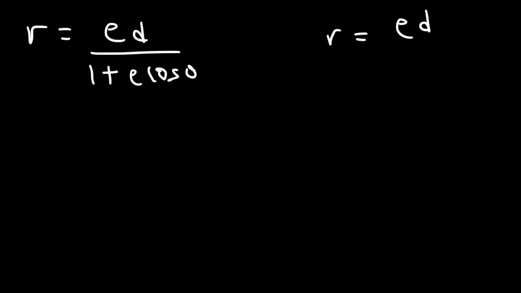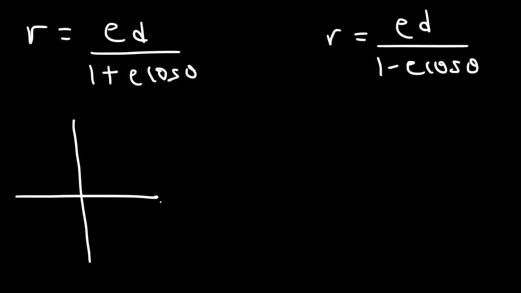Now the next two are these two equations. ed divided by 1 plus e cosine theta, and the other one is ed over 1 minus e cosine theta. If we have positive e cosine theta, it's going to open towards the left, with the focus being at the origin.